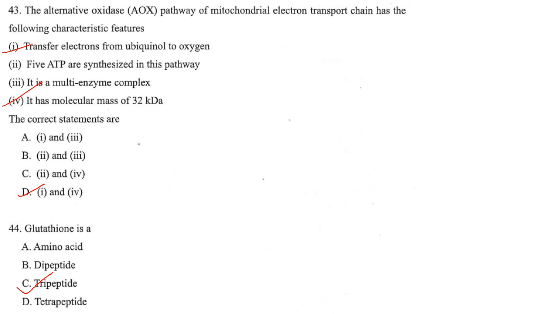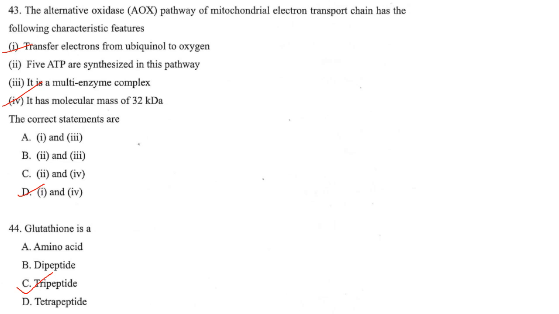So they transfer electrons from ubiquinol to oxygen. That's correct. 5 ATP are synthesized in this pathway. Actually, very low ATP is synthesized in this pathway, so 2 is not correct. It is a multi-enzyme complex. No. It has a molecular mass of 32 kDa. That is correct. So 1 and 4 are correct. Answer is option D.